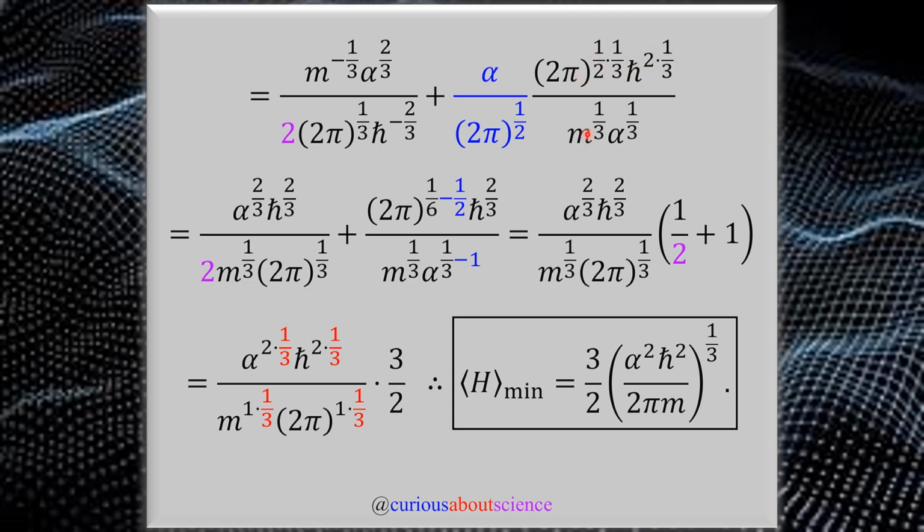Combine, combine, reduce, reduce. And then we see here that this -1/3 gets put in the denominator. This negative gets put in the numerator because we flip what side of the fraction it's on, and that simplifies that side down nicely. This 2 pi to the 1/2, we take that away from the 2 pi after we simplify this. 2 times 3 gives us the 6 that we see there.